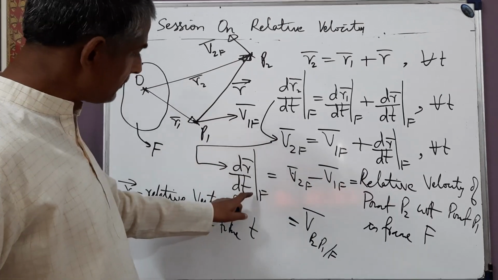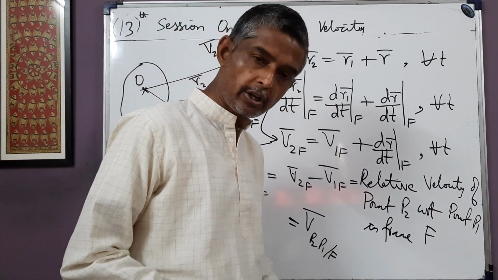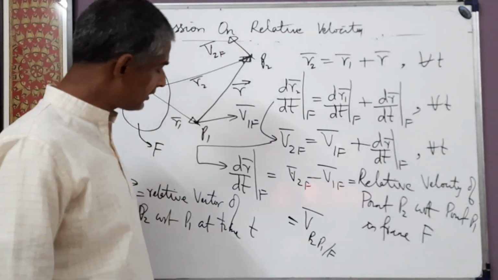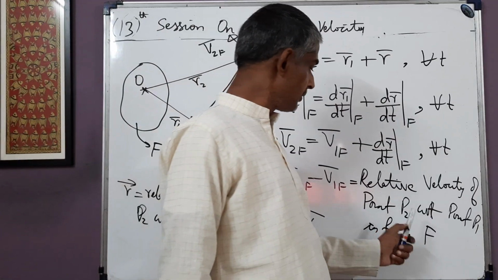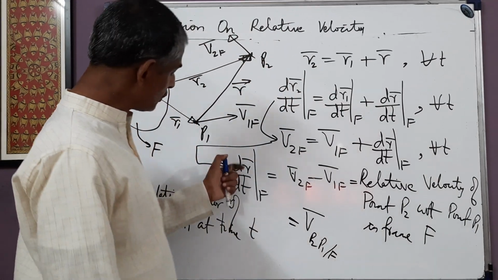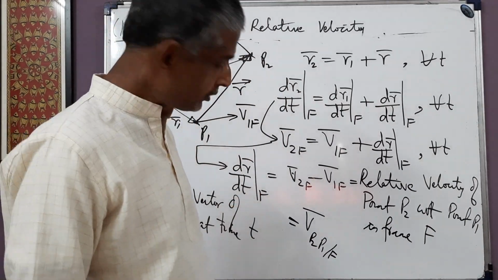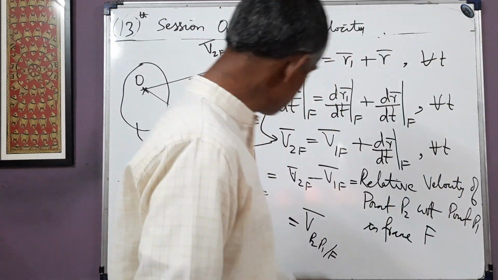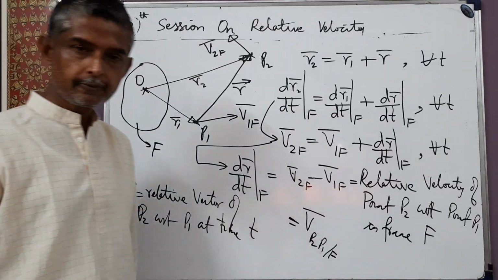So dR by dt in frame F is the same as VP2P1/F. So VP2P1/F is equal to V2F minus V1F, which is the time derivative of the relative vector of P2 with respect to P1 in frame F.